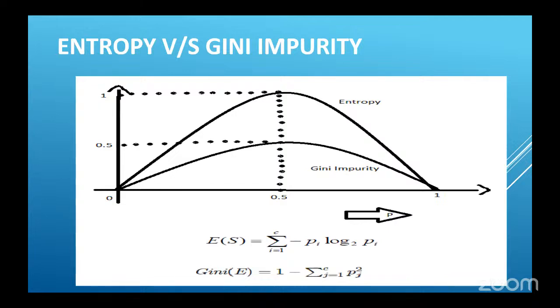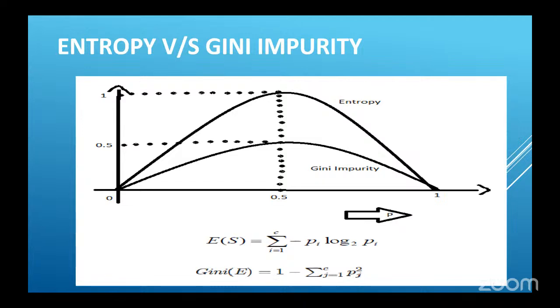So this is the graph between Gini impurity and entropy. Draw the graph. The difference here is that both Gini impurity and entropy measures are used for misclassification.